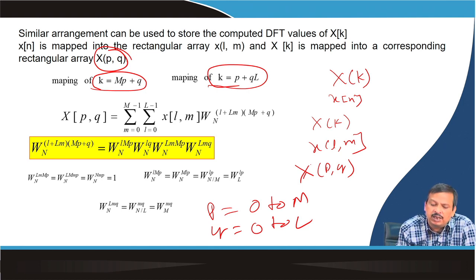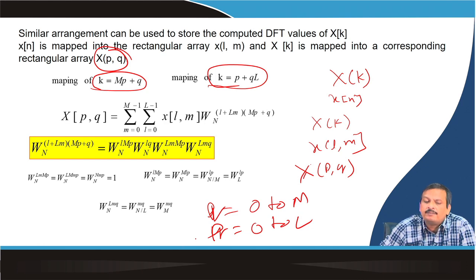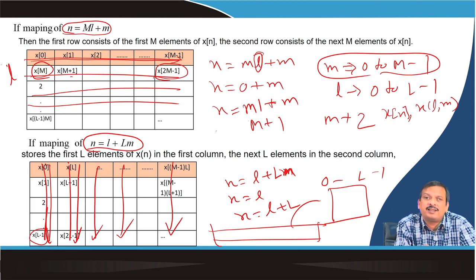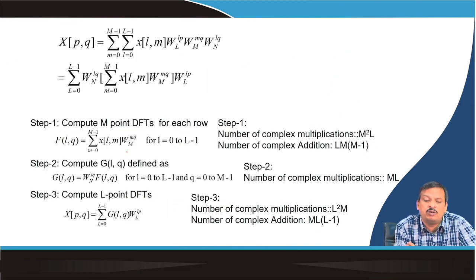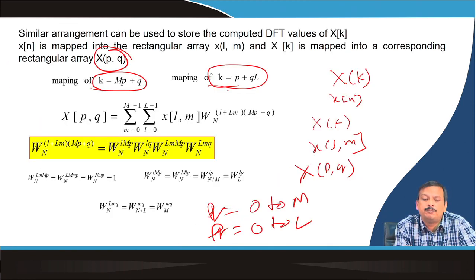Sorry, q will vary from 0 to m minus 1 and p varies from 0 to L. Because if you see here, L plus Lm, so same thing here also, p plus qL.